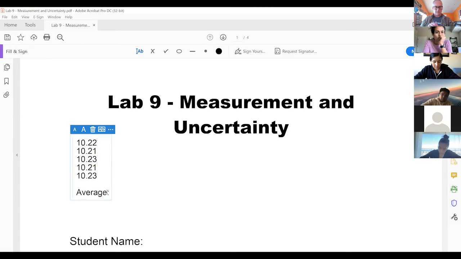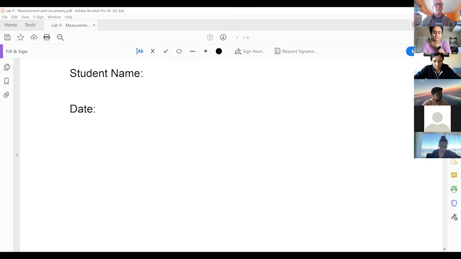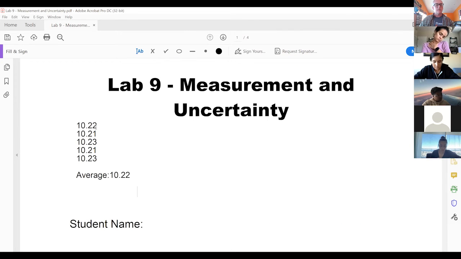Divided by 5, my average is 10.22. So what's the deviation from each one? The deviation is 0 for the first one.